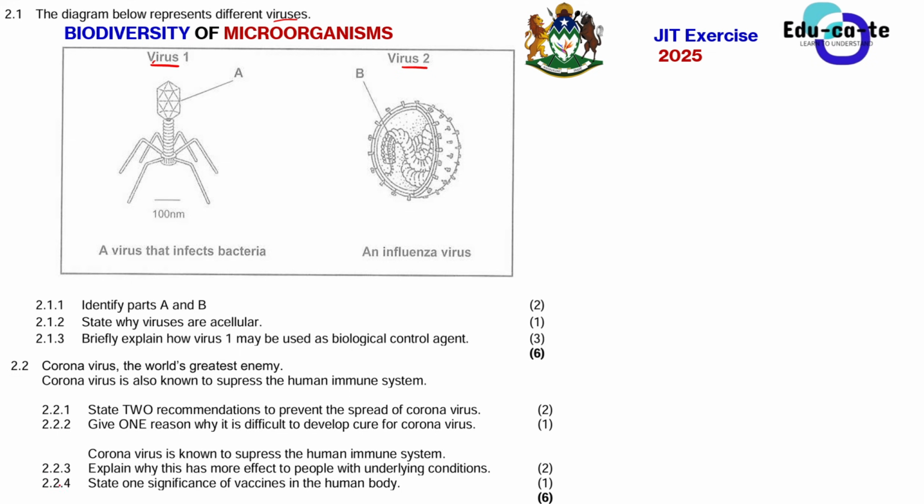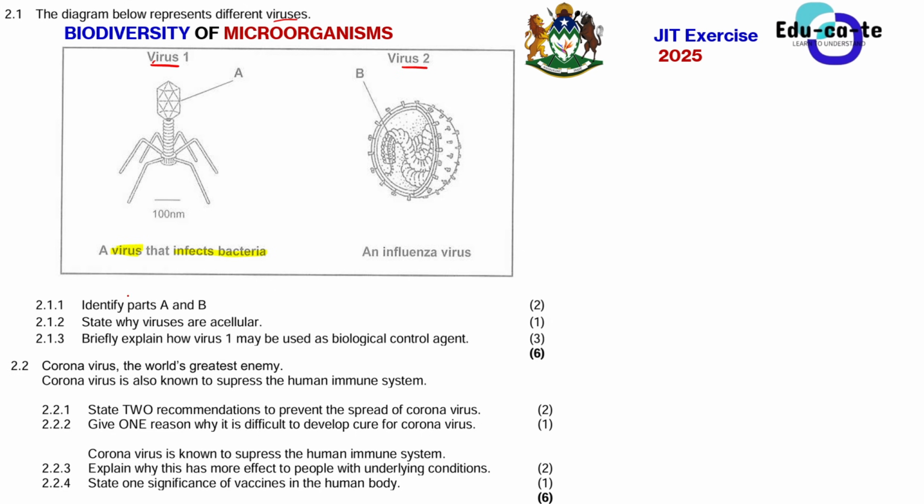Now when you look at virus number 1, according to the information provided, this is 100 nanometers. So this means that the size of this virus is 100 nanometers. And then right down here is written a virus that infects bacteria. What is the proper name given to a virus that is able to infect bacteria?